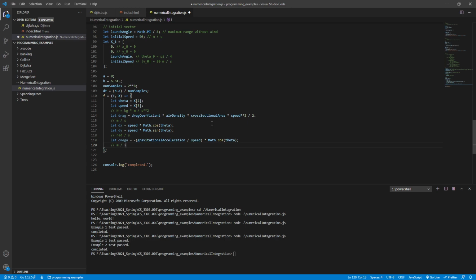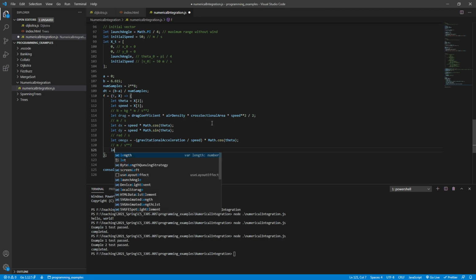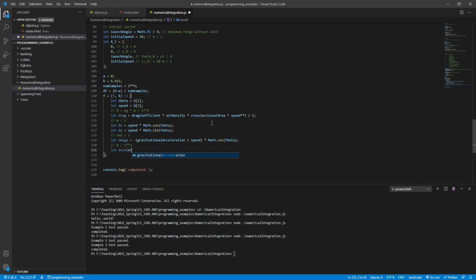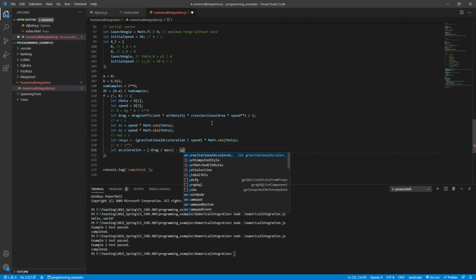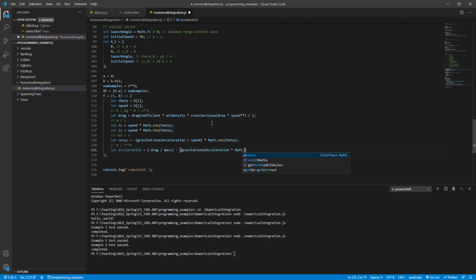And then our acceleration really only occurs from gravity. So it's being held back by drag, so there's a force in that direction. And then gravity is ever accelerating it downward. Okay.